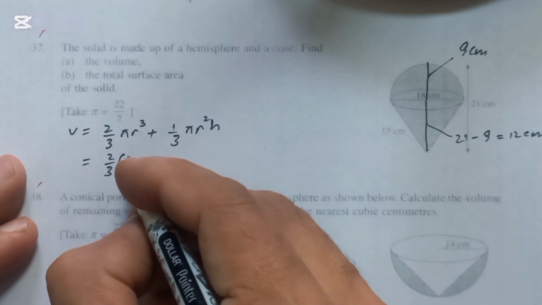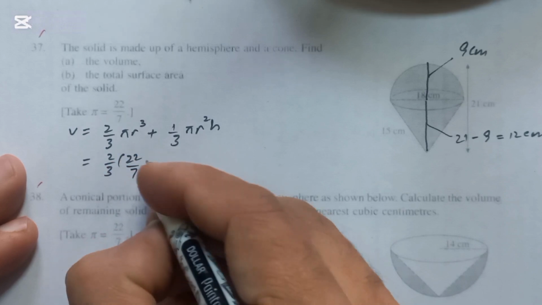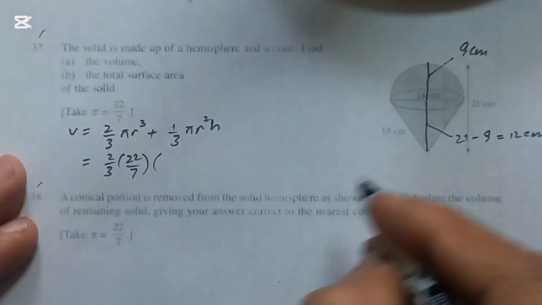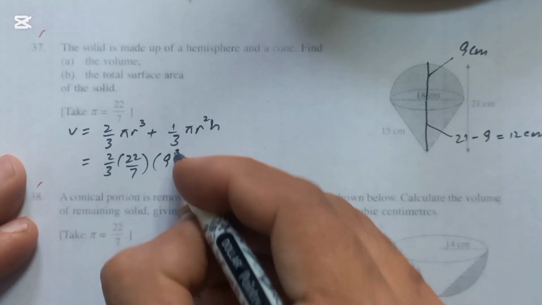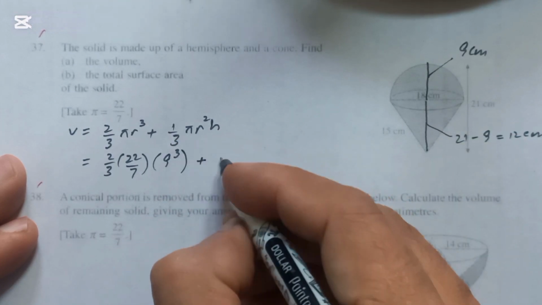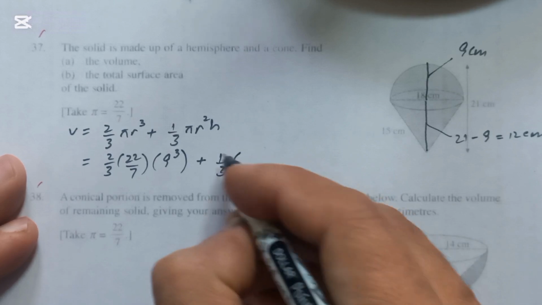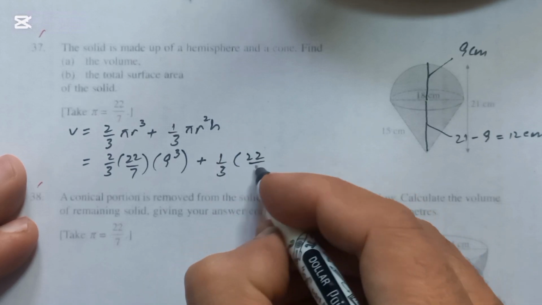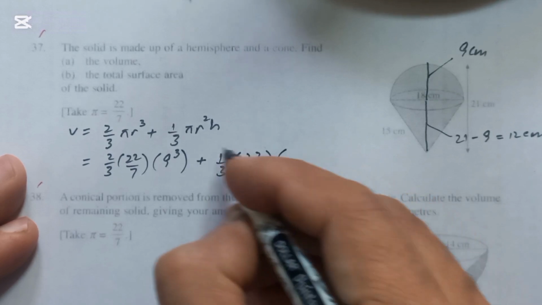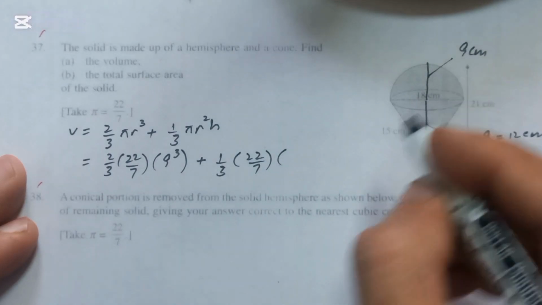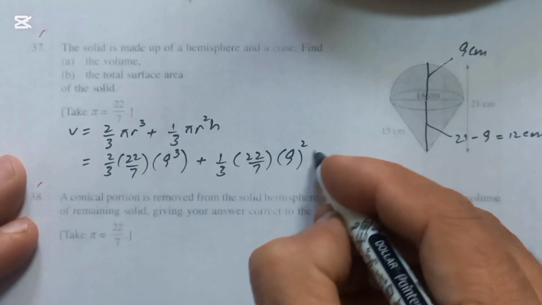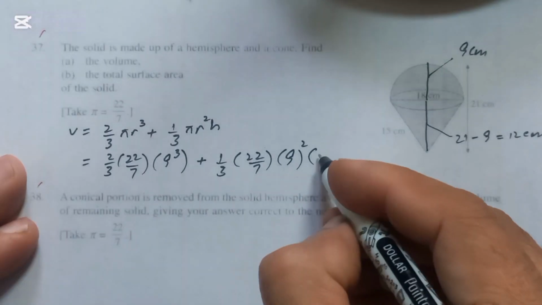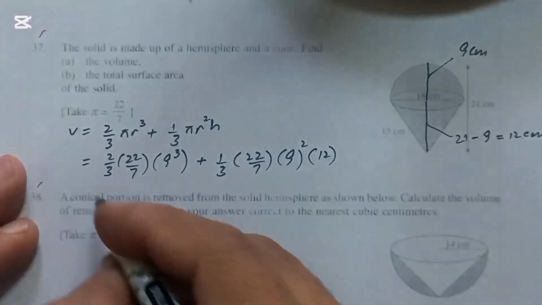Pi is 22 by 7. R is given, that is 9. So 9 cube, plus 1 by 3. Pi's value is 22 by 7, into r, that is 9, so 9 square, and h value is 12, the cone's height.